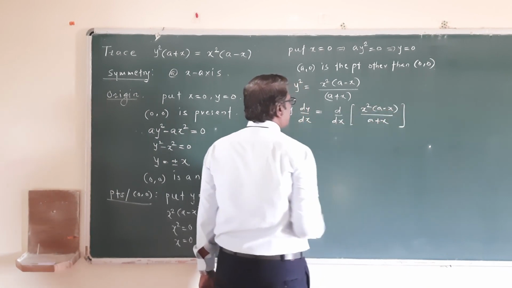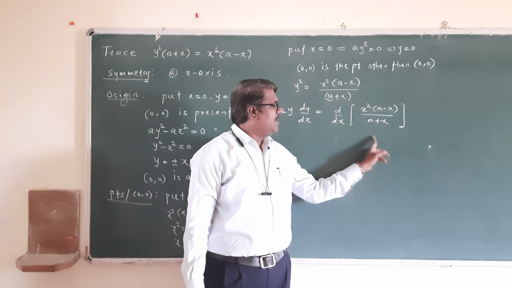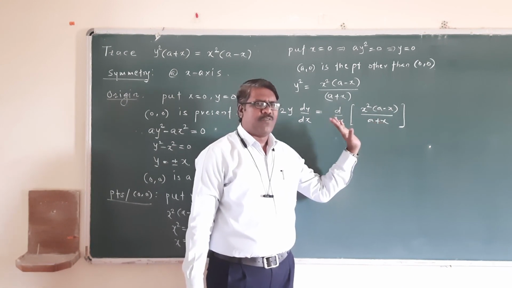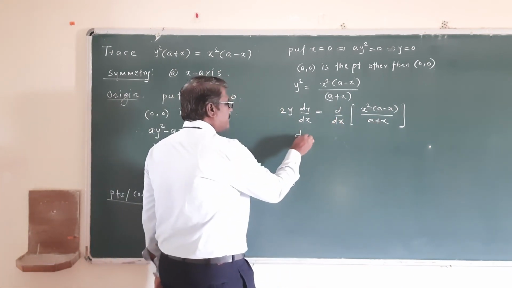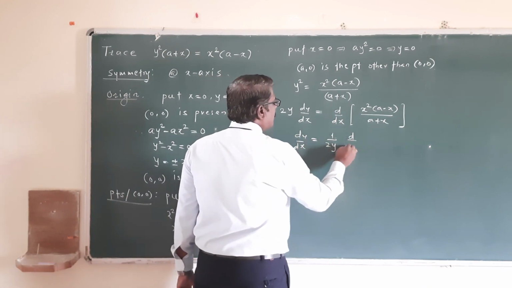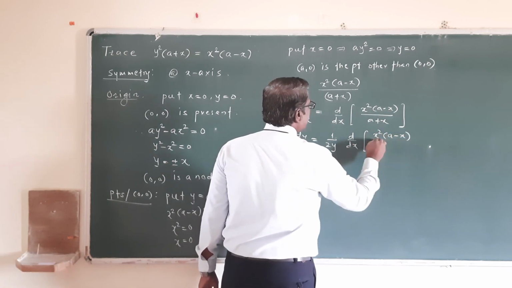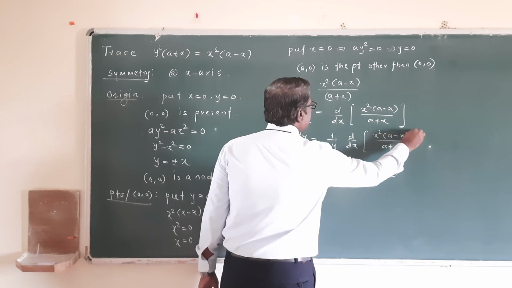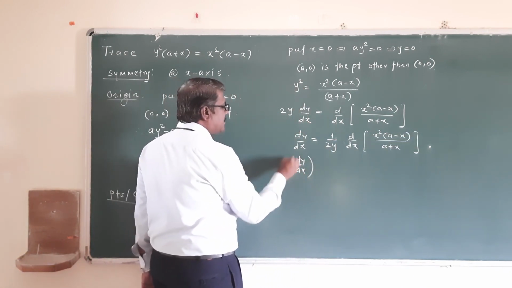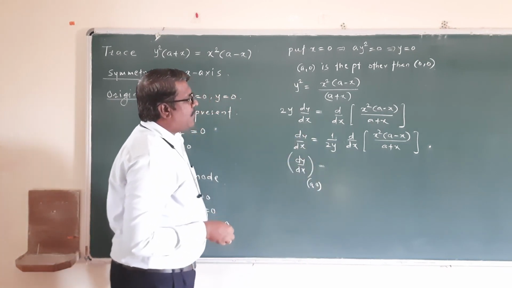But after differentiation of this bracket with respect to x, whatever terms we get, all terms contain either constant or function of x, and therefore dy by dx is equal to 1 by 2y into d by dx of this bracket x square into a minus x divided by a plus x. But the value of dy by dx at the point a comma 0, if I substitute here, then what we will get?